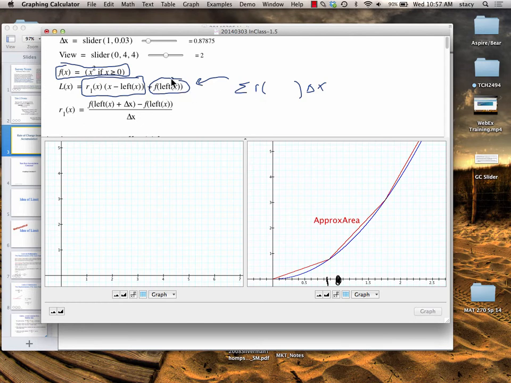This notation by itself represents that whole summing up of the complete intervals up until the left endpoint of the current interval. And then this piece is saying within the current interval, here's the change in x, and here's the rate of change associated to that interval.